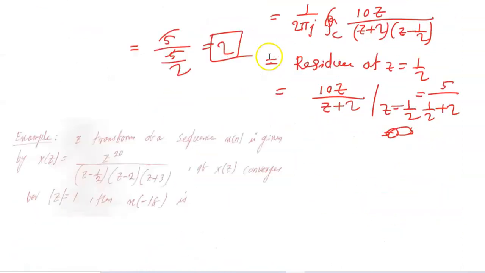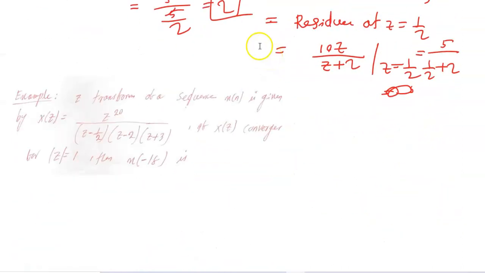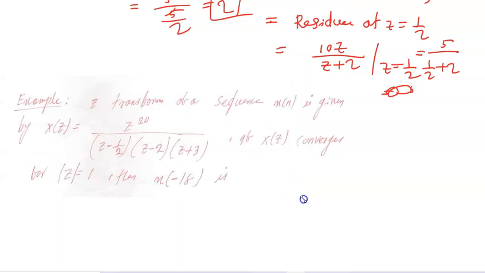Now you see another example, so that you can be dead sure with the application part, and more examples you can try yourself. The Z transform of a sequence x of n is given by this, and if X(z) converges, obviously if X(z) does not converge, then we don't have any value for that.